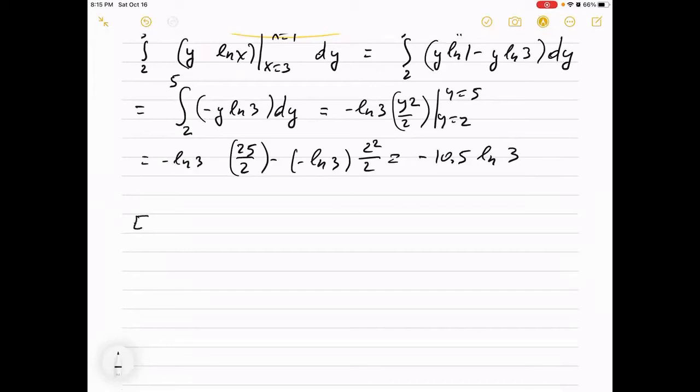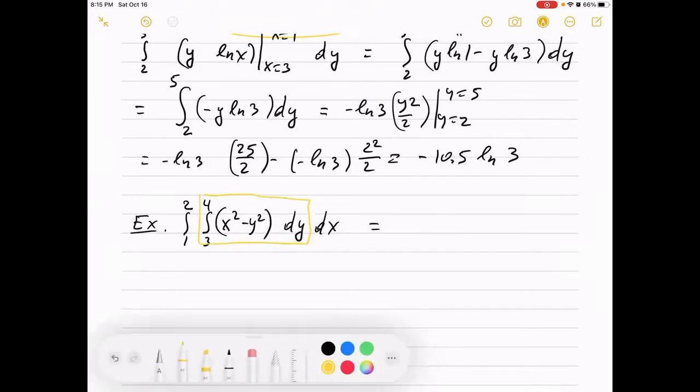Another example. Here we have the integral 1 to 2 with respect to x, and inside we have the integral 3 to 4 with respect to y, and our function is x squared minus y squared. Firstly, we look at the inside integral, so we're going to integrate with respect to y.